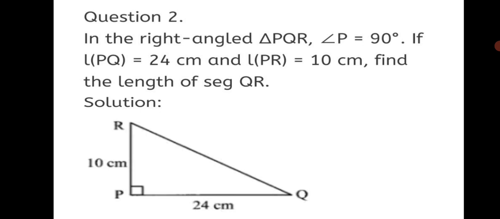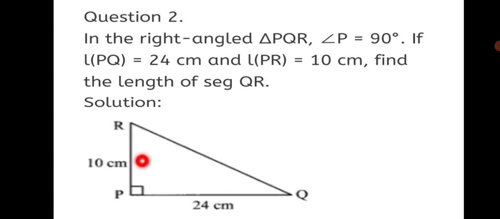In this figure you can see that we draw a triangle with angle P given as 90 degrees. So we take the right angle here P, 90 degree, and the other points we name as Q and R respectively. It's given here PQ is equal to 24 centimeter, and length PR is equal to 10 centimeter.